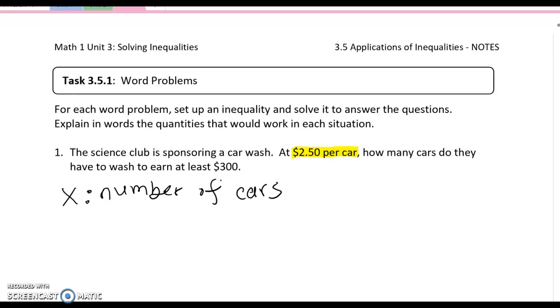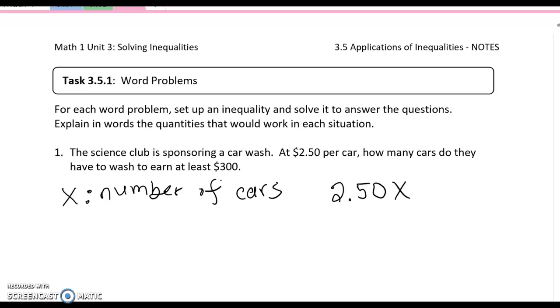So we're going to do $2.50 times the number of cars, so it's 2.50 times x. This expression represents how much money they are going to earn by washing these cars. Depending on the number of cars, you multiply it by the $2.50 they're charging per car.